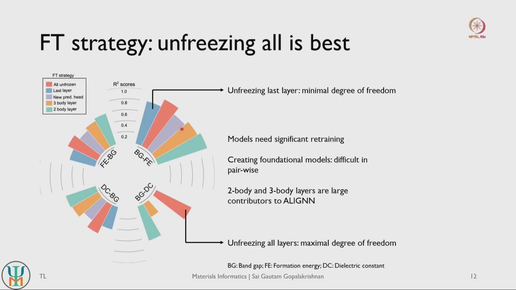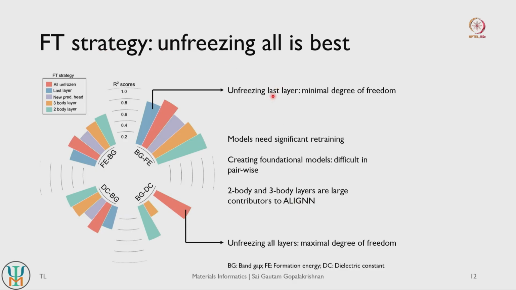We also see that if you unfreeze 2 or 3 body terms, right, in our ALIGNN graph network architecture, they give us the closest performances compared to unfreezing all the layers. So these 2 layers do play a major role in how the ALIGNN architecture learns about structure-property correlations.